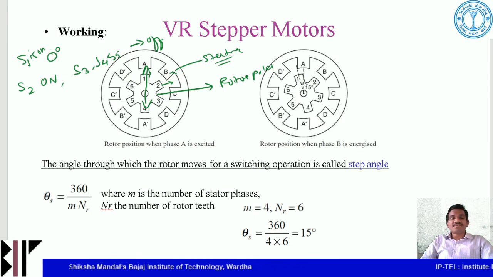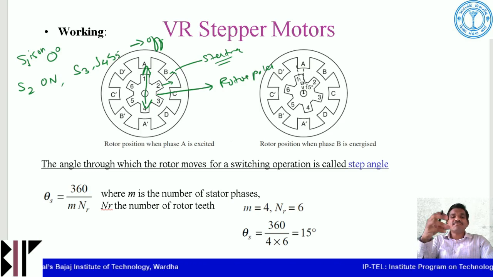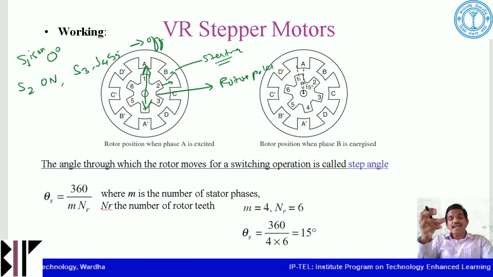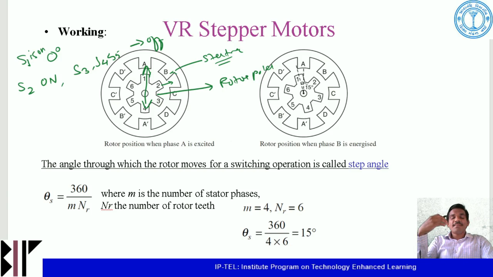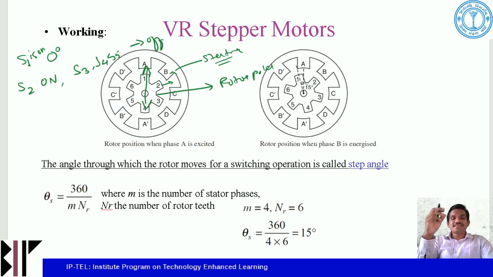It will move through an angular distance where the minimum magnetic reluctance is there.